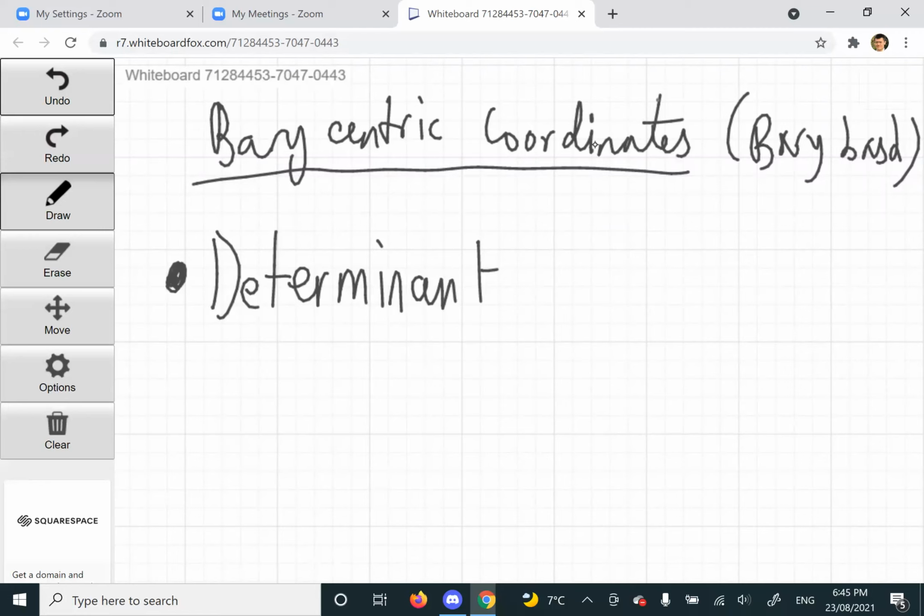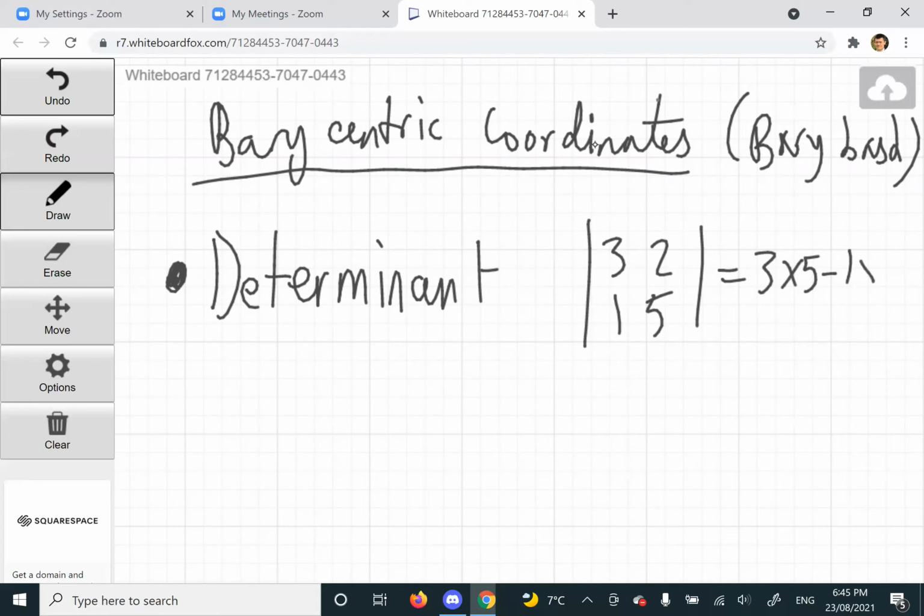So you have a determinant of a 2 by 2 grid of numbers, like 3, 2, 1, 5. You always get one number, and it's equal to the product of the diagonal entries minus the product of the off-diagonal entries. Okay, so that's the definition for a 2 by 2 determinant.